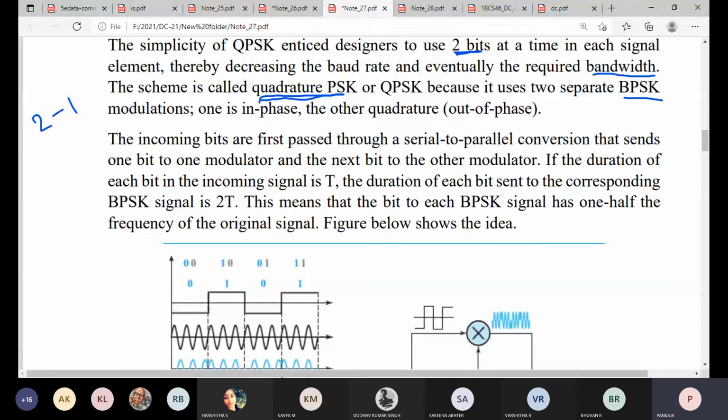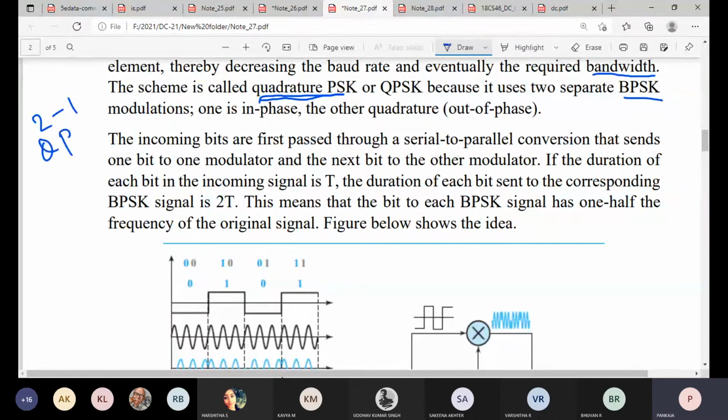Here, what exactly is the meaning of quadrature? Why are we using QPSK? PSK everybody knows, so what is the meaning of quadrature here? We are going to use different phases to represent the bits, so it is not just 0 and 180. For 2 bits, all possible combinations are 2 power 2, that is 4 combinations: 00, 01, 10 and 11.